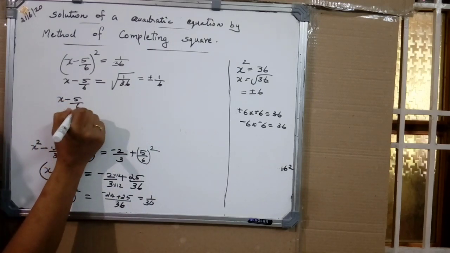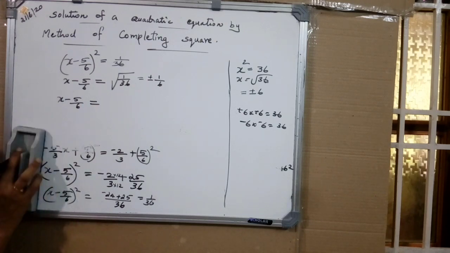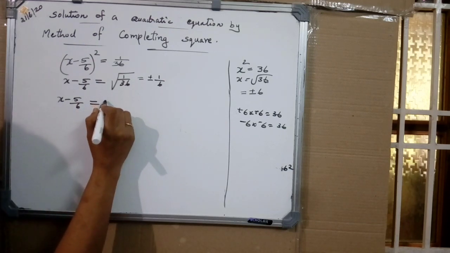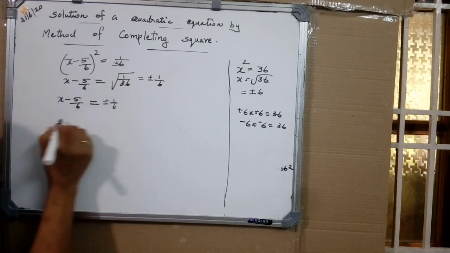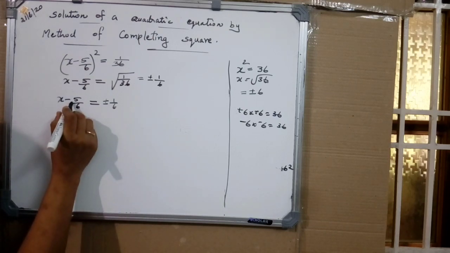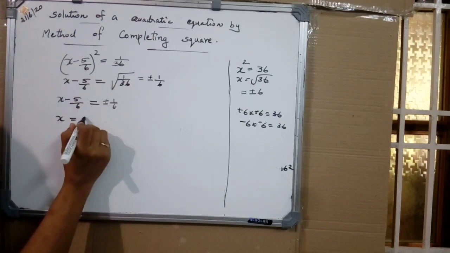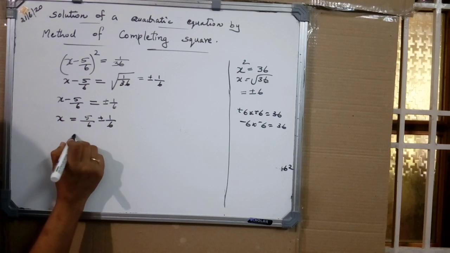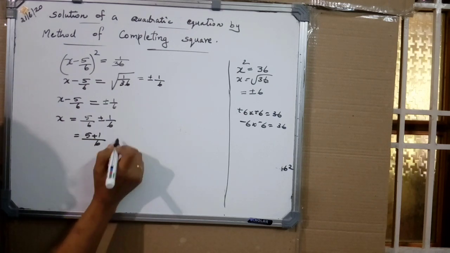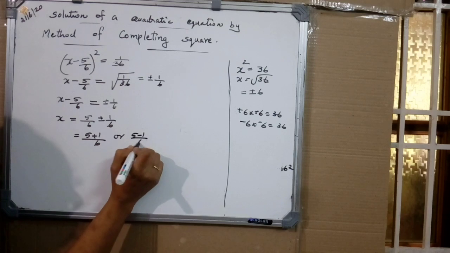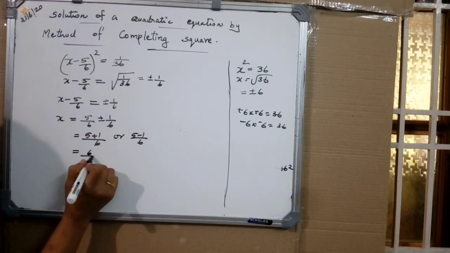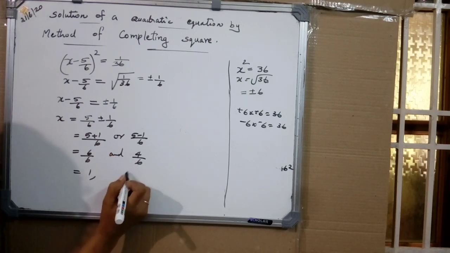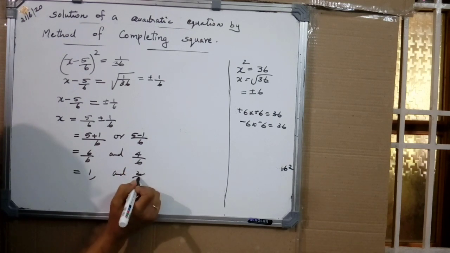Now x minus 5 by 6 is equal to plus or minus 1 by 6, so that x is equal to, minus 5 by 6 you take to the right side, so it becomes 5 by 6 plus or minus 1 by 6, that is (5 plus 1) by 6 or (5 minus 1) by 6, that is 6 by 6 and 4 by 6. 6 by 6 is 1 and 4 by 6 means it is 2 by 3.